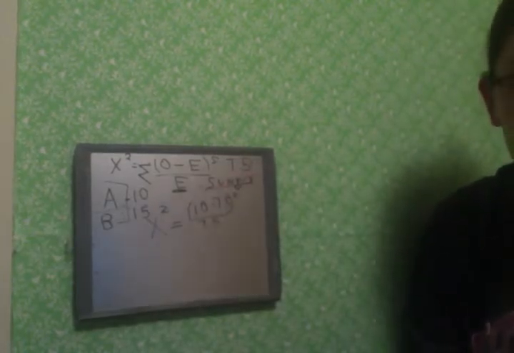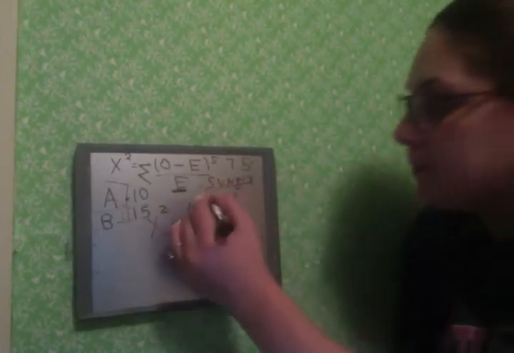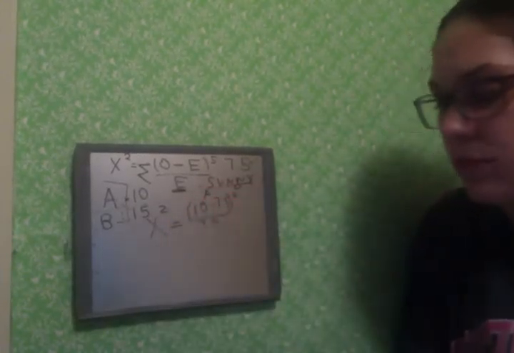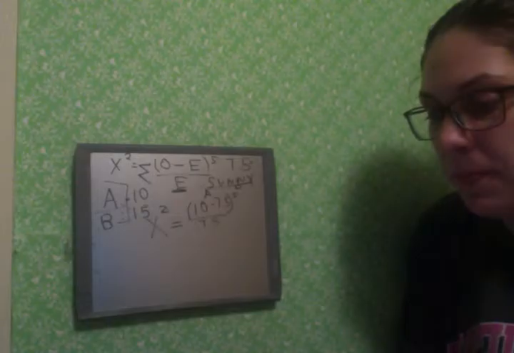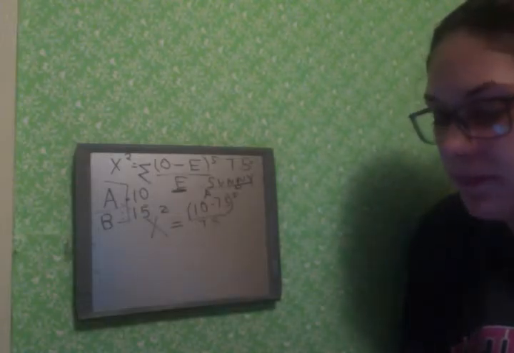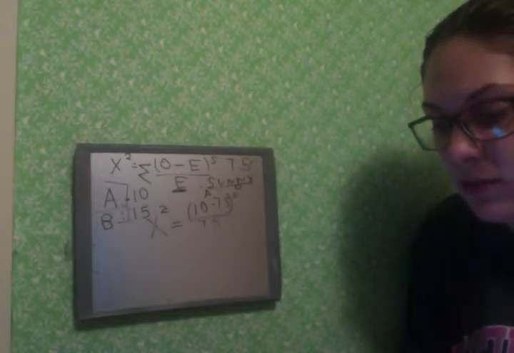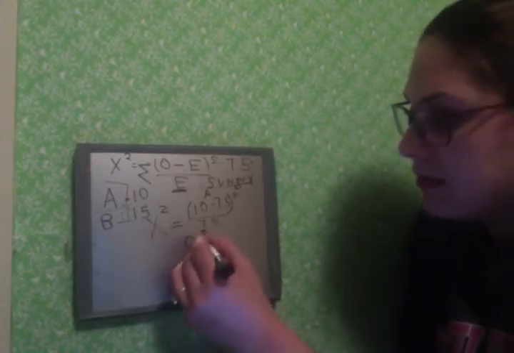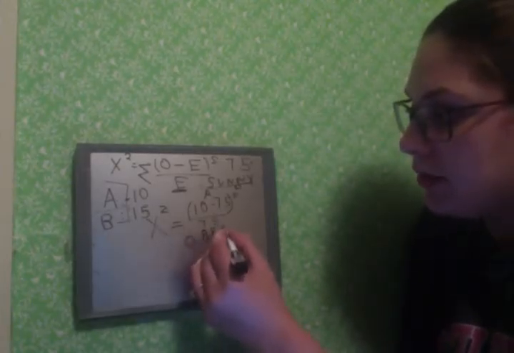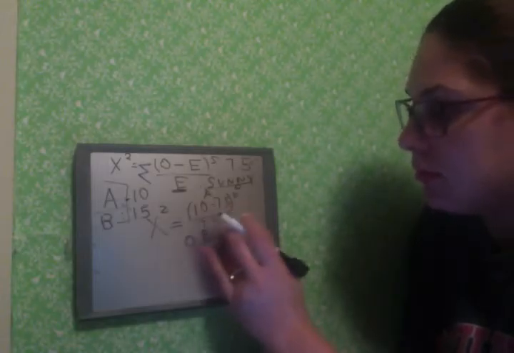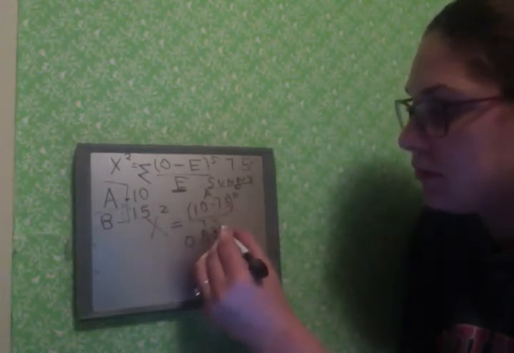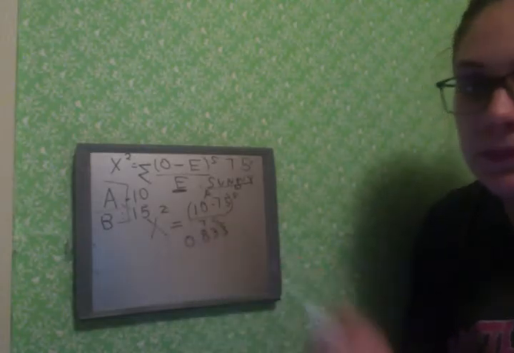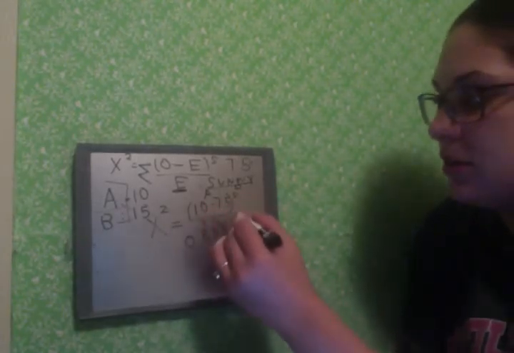Okay, so that's for A. That number is going to be 10 minus 7.5, which is 2.5, times itself, divided by 7.5, which is 0.8333 repeating.